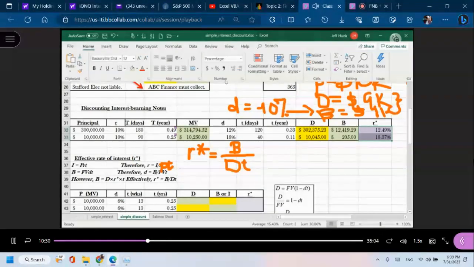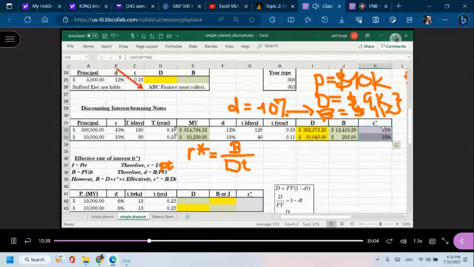If you leave it as it is, completely rounded to integer, then there is no difference between the discount rate and the effective interest rate, right?